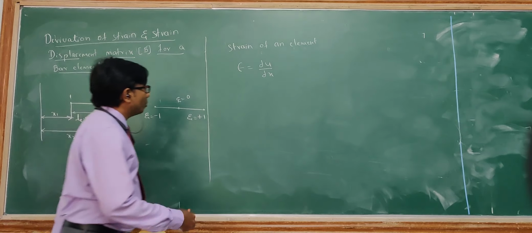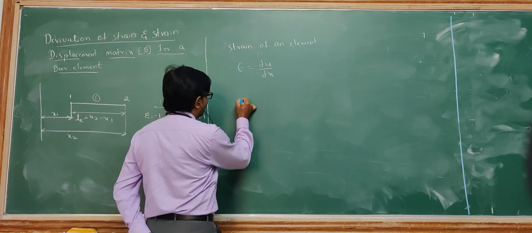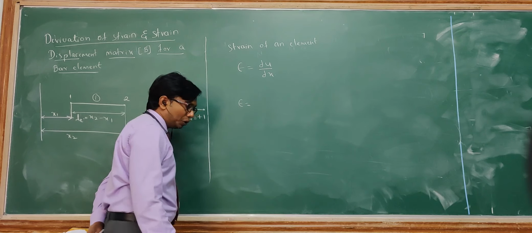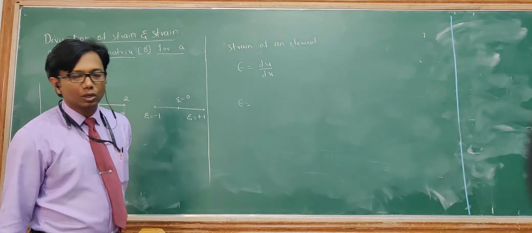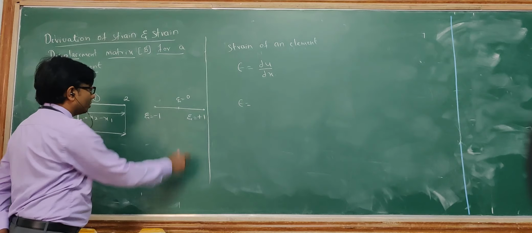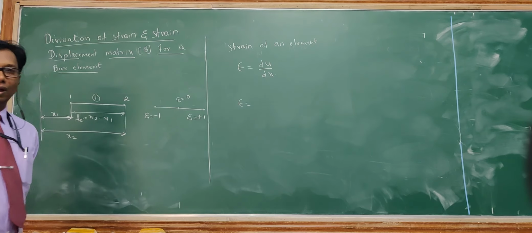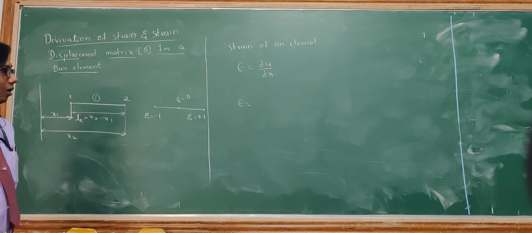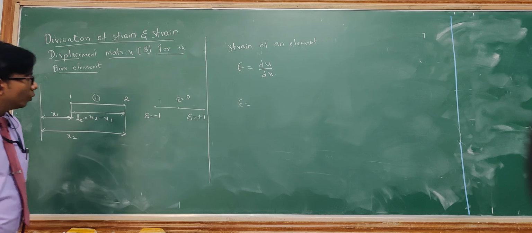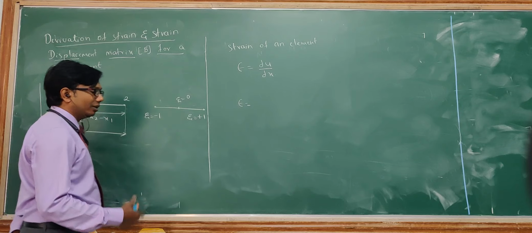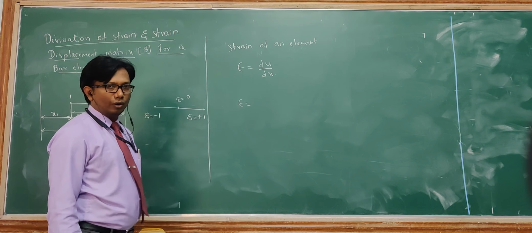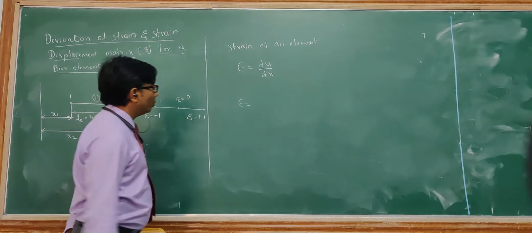So I can just modify this strain to suit. I have already told you we will be mostly using the natural coordinate system in order to find the values of the equation. For that, we are trying to convert everything into the natural coordinate system. So see here how I am doing this.